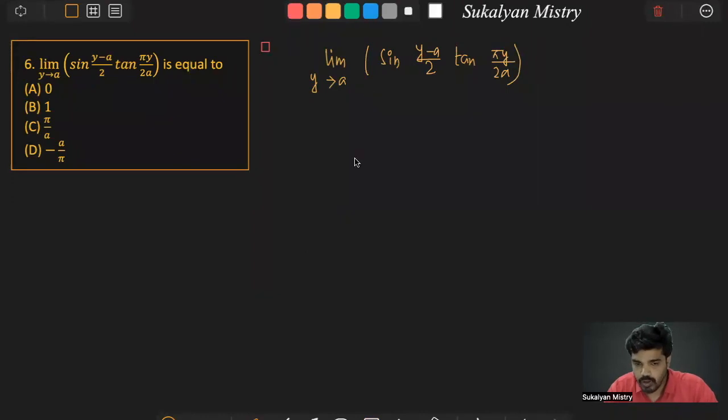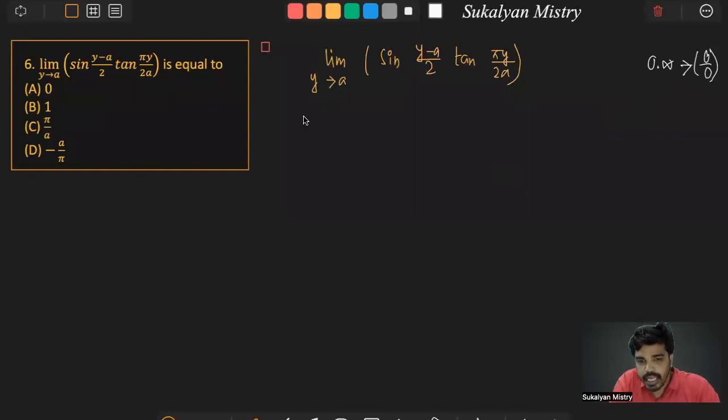Look, when y tends to a, it becomes sin 0, and putting y equal to a, a cancels, tan pi by 2 is infinity, so this is 0 into infinity form. When we apply L'Hospital, we first have to convert any form to 0/0 form, so we convert 0 into infinity to 0/0 form.